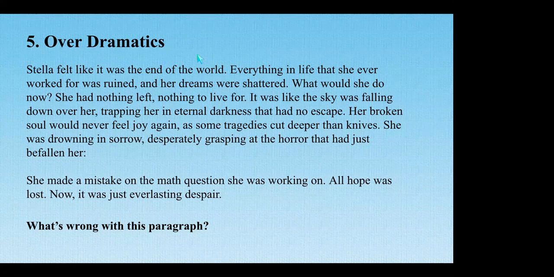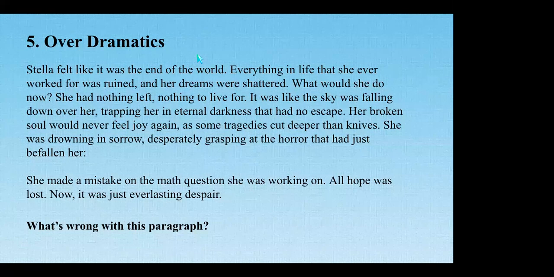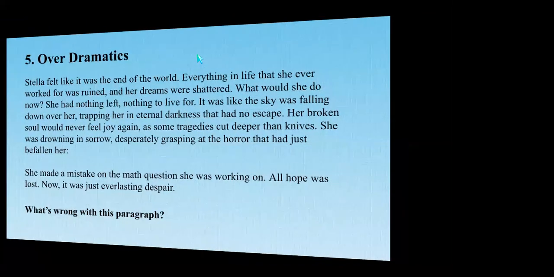In this case, the problem is a math test. That's not a big enough problem. If you're going to write this giant dramatic thing about the world ending and eternal darkness, then make the climax something bigger than a math problem. So when writing a story, it's either don't make it so dramatic or make the consequences a bit greater.